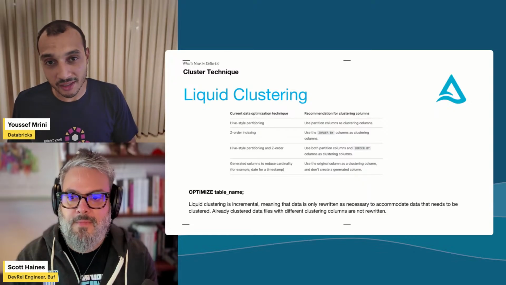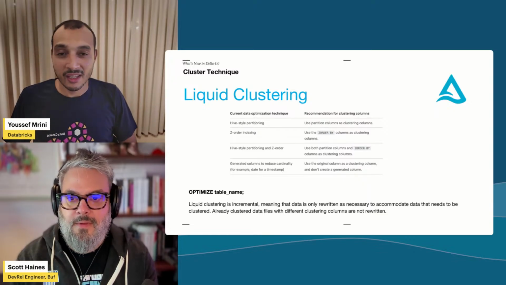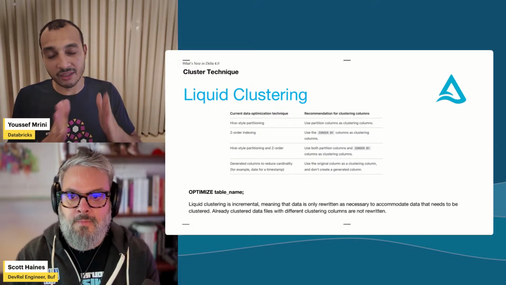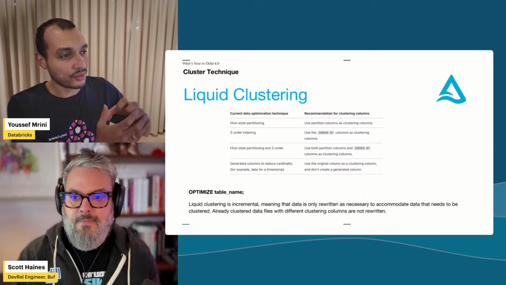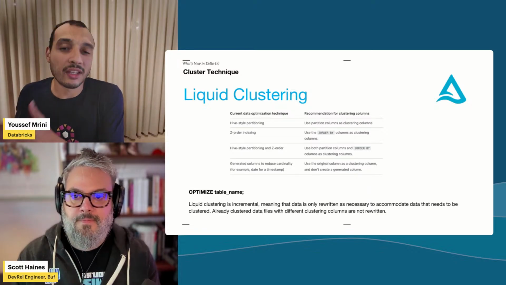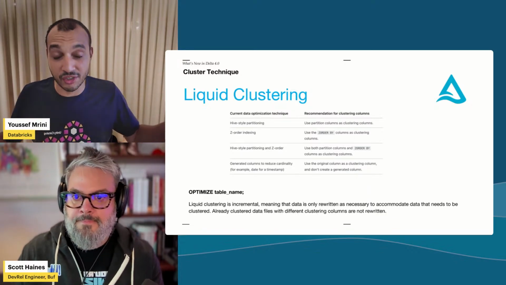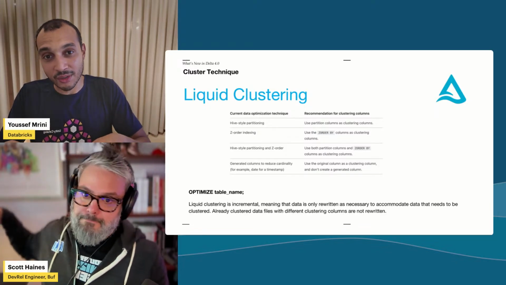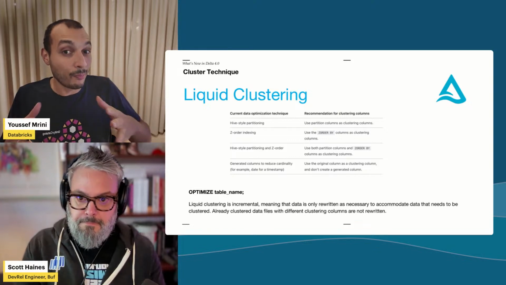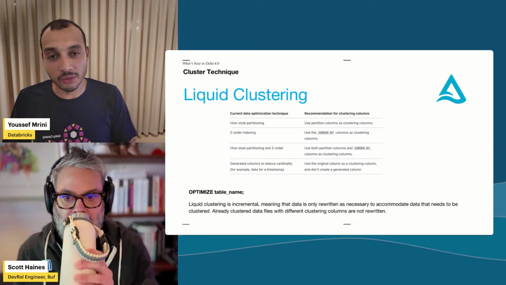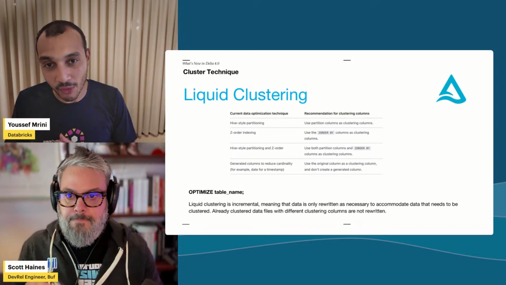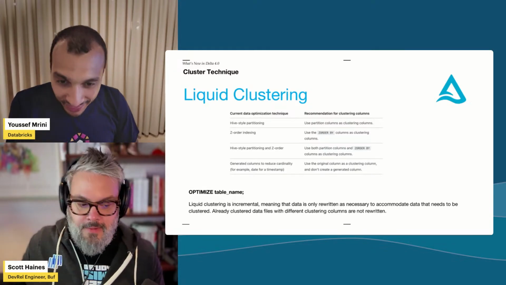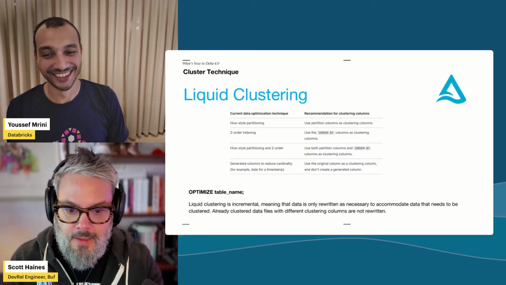And row tracking avoids concurrent query conflicts. With partitioning you avoid concurrent writing conflicts because you can write to multiple partitions at the same time, while for liquid clustering, since it's not partitioned but logical, row tracking can help you avoid those conflicts. I don't know, Scott, if you have anything else to add.